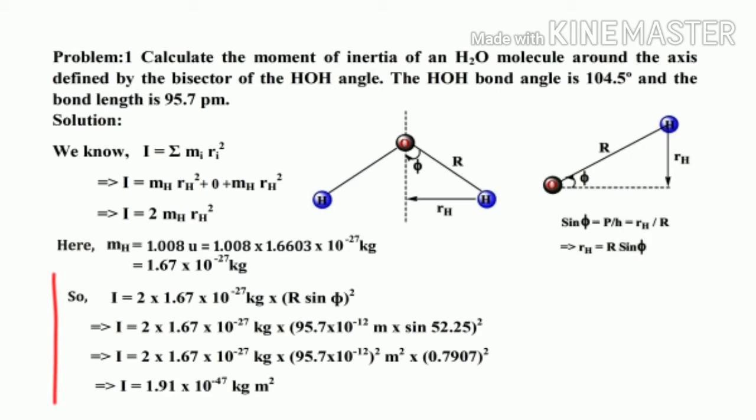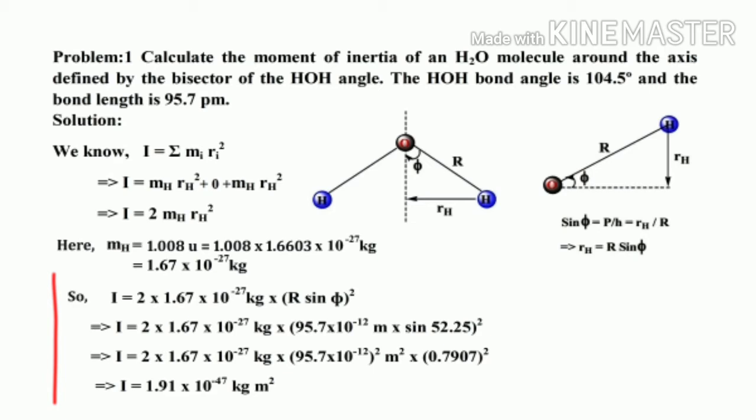So therefore I is given by I equal to 2 into 1.67 into 10 to the power minus 27 kilogram into (95.7 into 10 to the power minus 12 meter into sine of 52.25 degree) whole squared.